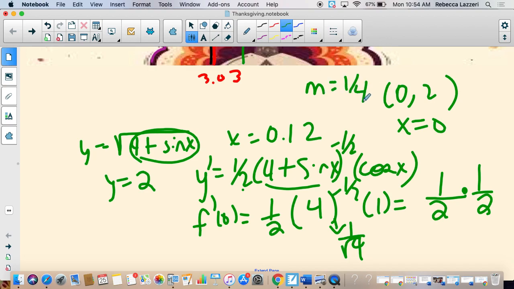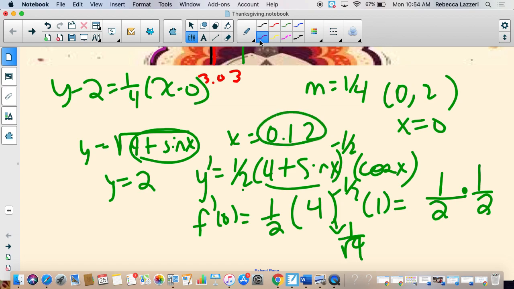So now I'm going to write the equation of the tangent line. y minus y1 equals m times x minus x1. And then I'm going to fill 0.12 in for x into the tangent line instead of into the original.